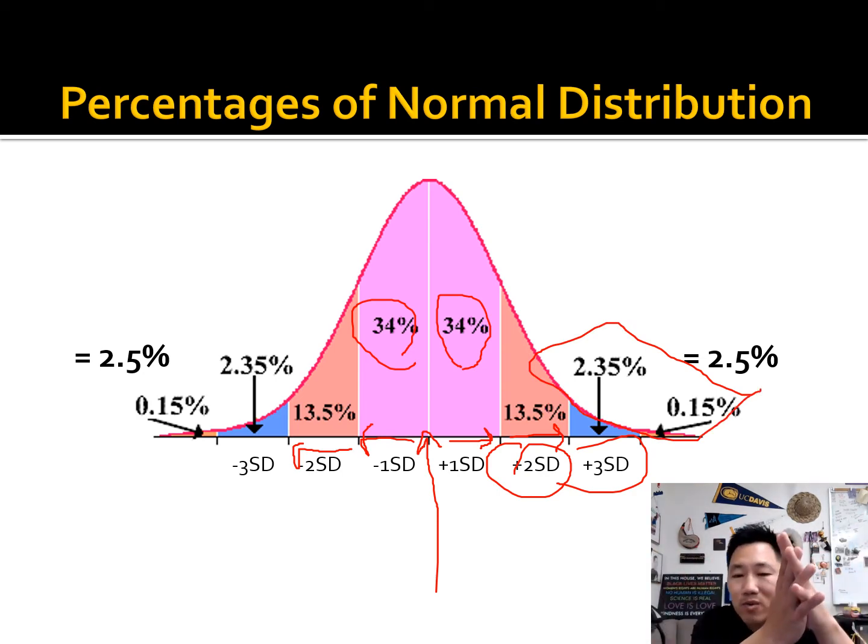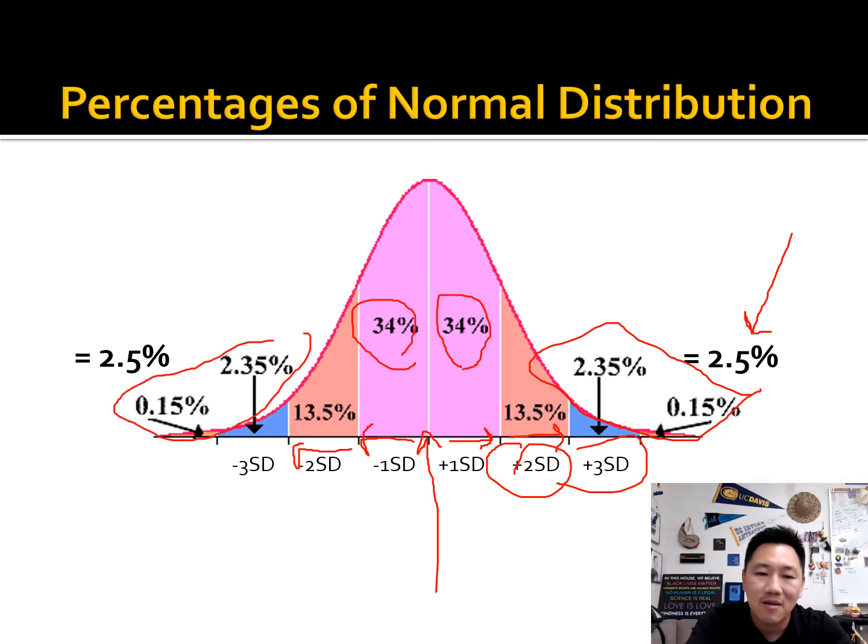So the 2.35 and the 0.15, we're going to put them together to make 2.5. Same thing on this side. These guys, because this is so small, we're going to just lump them in together with this one to get 2.5. And that's going to give you 3 standard deviations away.